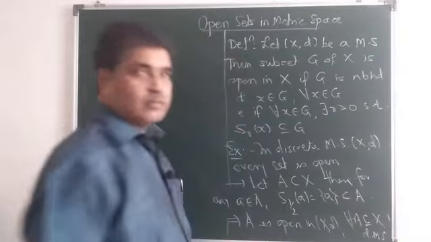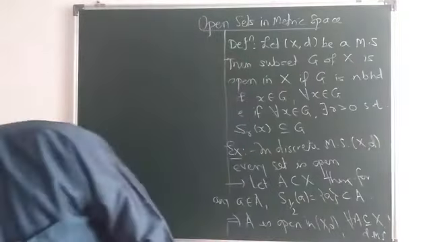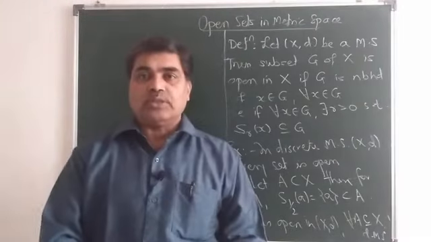Remember this, where d of x,y is 0 for x equal to y and it is 1 for x not equal to y.